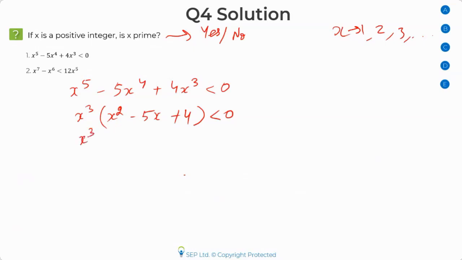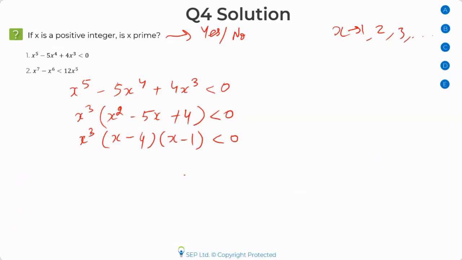One of the roots is 4, and one of the roots is 1. Again, I'm not teaching you how to middle term factorize. This is not the scope of the session today, so I'm not getting into the depth of that, but it is very easy to represent x square minus 5x plus 4 as (x minus 4) into (x minus 1).